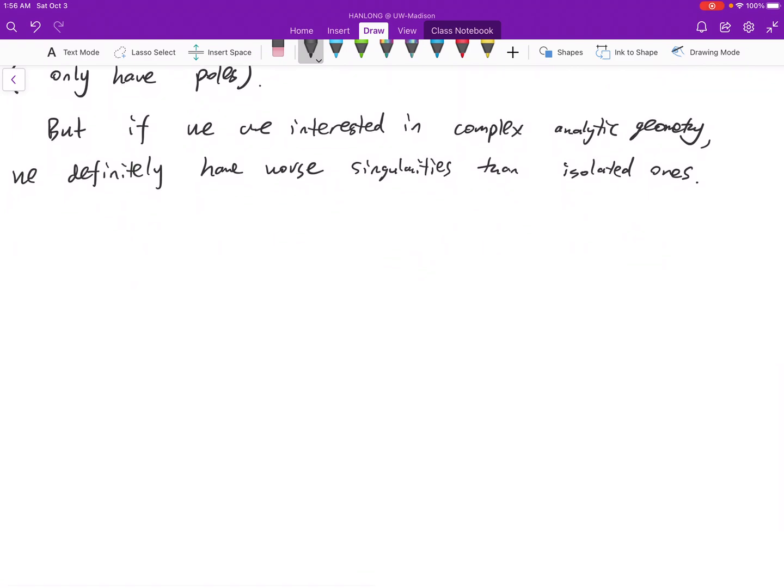But for our purpose, I will not get into the detail of the singularities worse than the isolated ones.